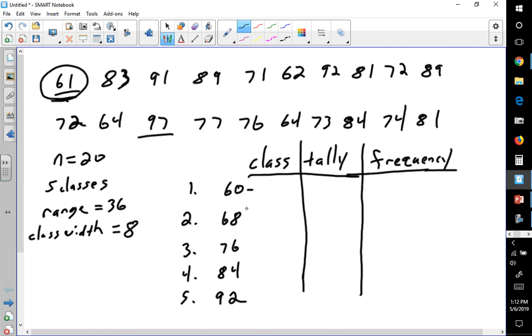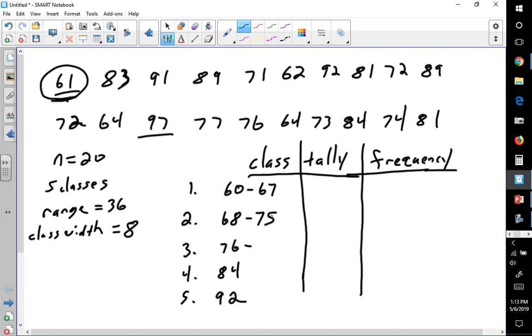Now the upper limit: if the second class starts at 68, then the first class should end at 67. If the third class starts at 76, the second one should end at 75.